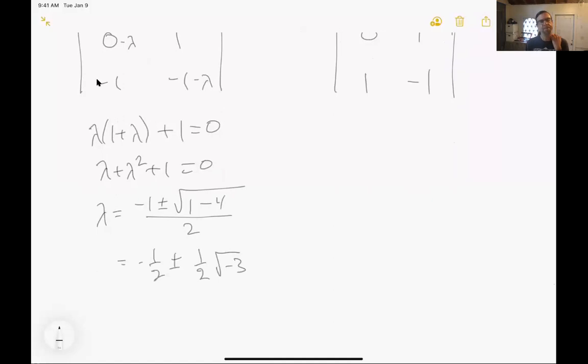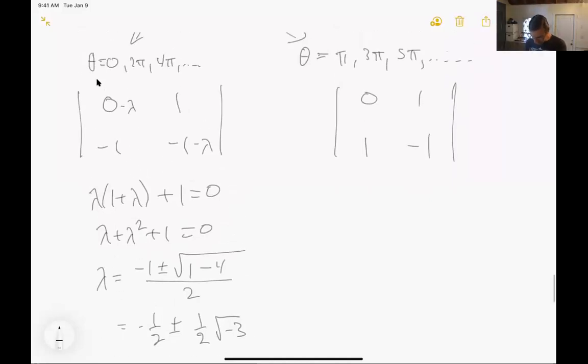What is that? What kind of equilibrium points are those? Got a complex number with negative real part. Spiral sink. Spiral sink. Okay.